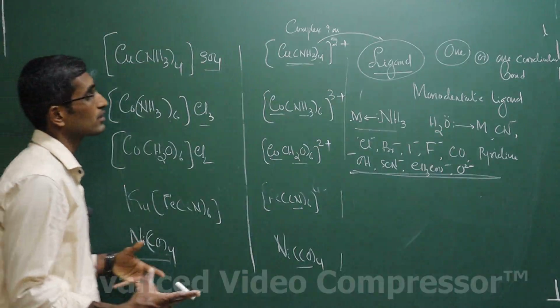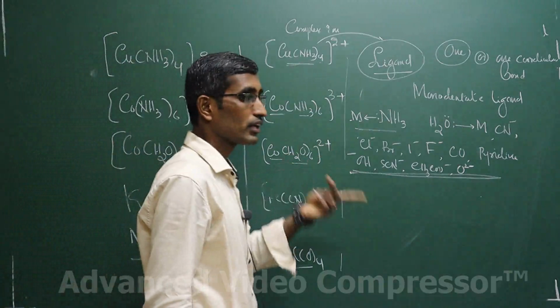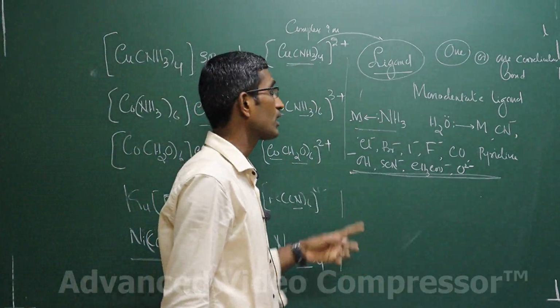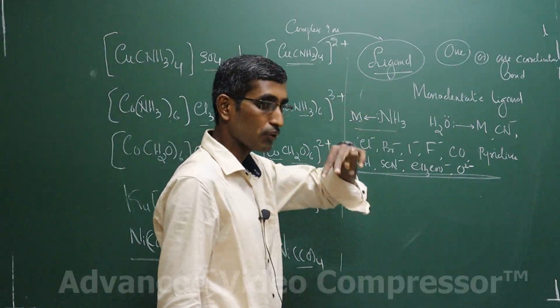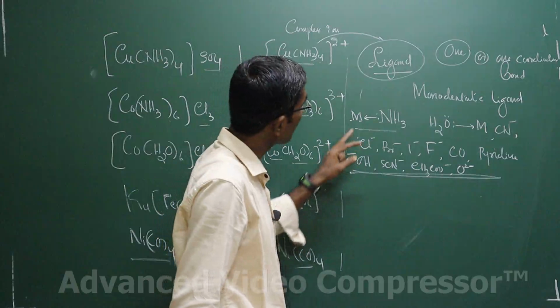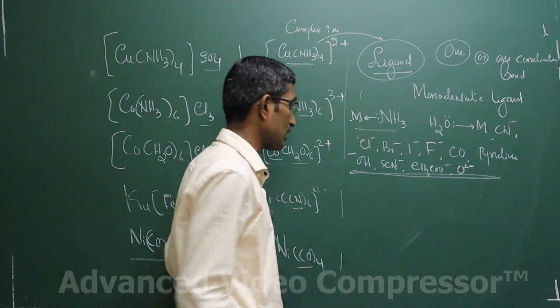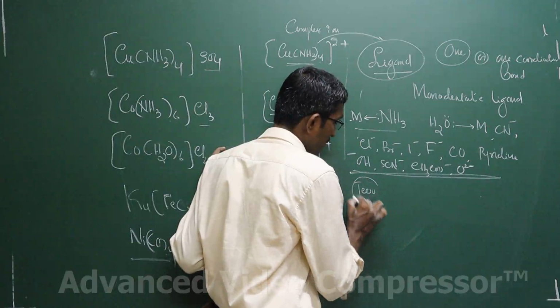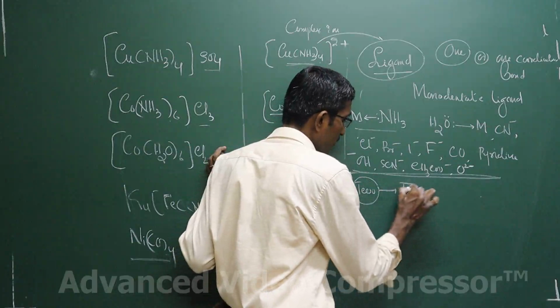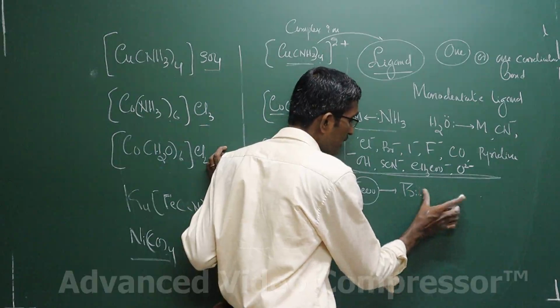So ligands can be classified into various classes. One way to classify ligands is by how many coordinating atoms are in the ligand. If it has only one coordinating atom, or it can establish only one coordination bond with the central metal ion, then it is called a monodentate ligand. If it can establish two coordinate bonds with the central metal ion, how do you call this? This is called a bidentate ligand.